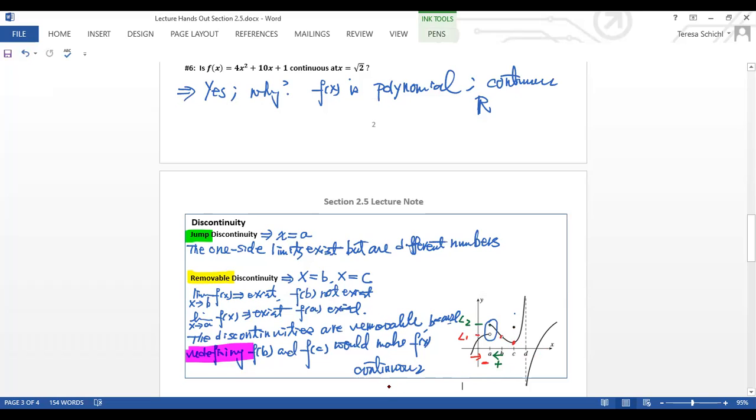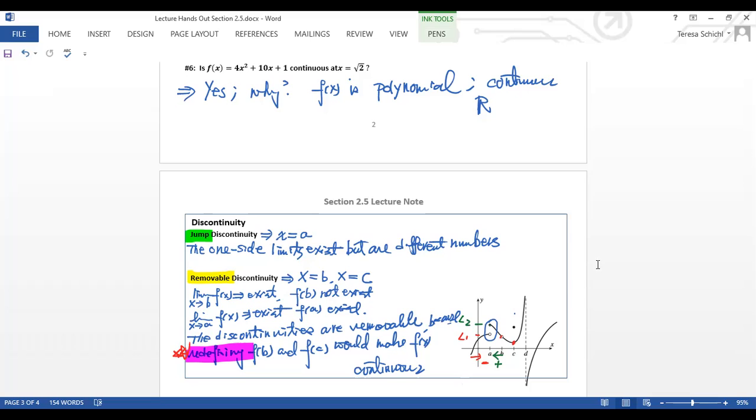Then it will make f of x continuous. That's what we mean by redefining. This type of discontinuity we call removable discontinuity. That means if you redefine the values, then it will make the function continuous. That's why you can remove the discontinuities here.